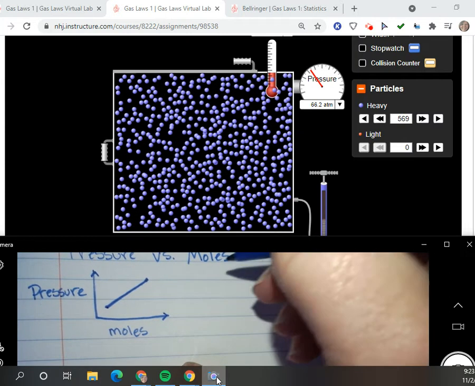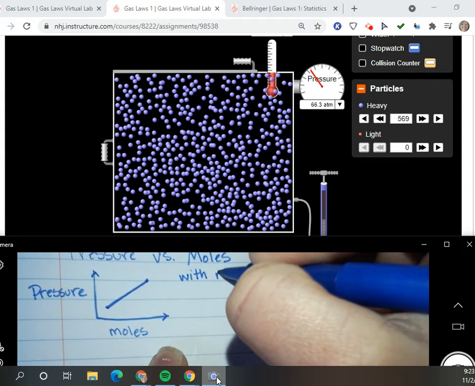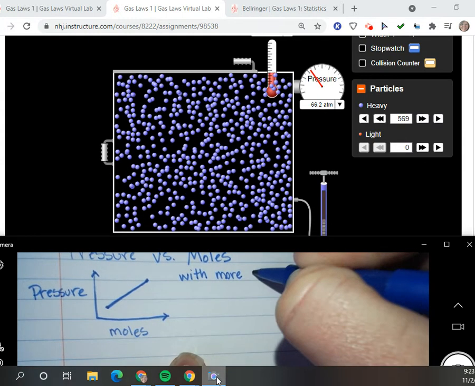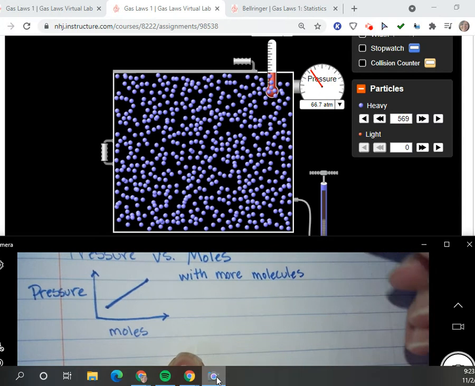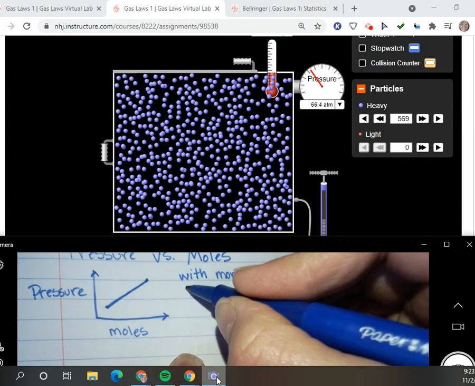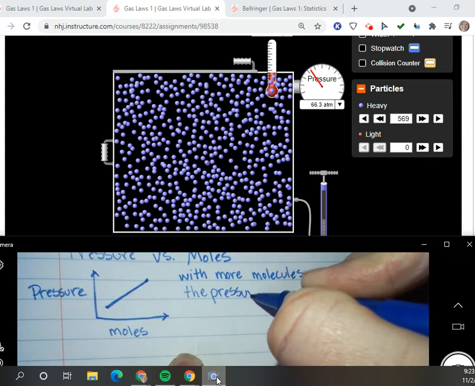So I might even write, with more moles, with more atoms, or molecules, we could use that word, since that's what our simulation looks like, the pressure increases or goes up, whatever is easier for you.